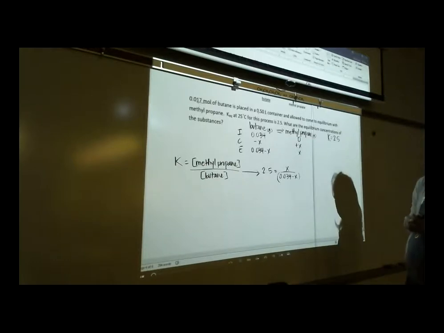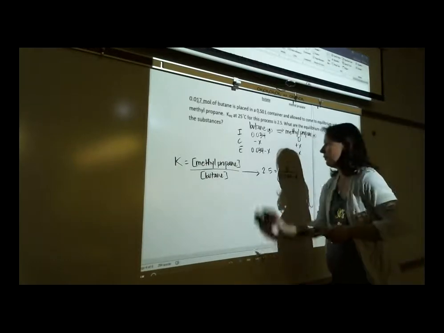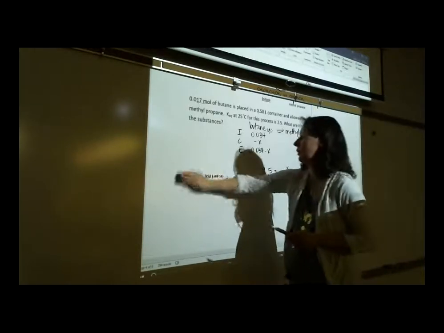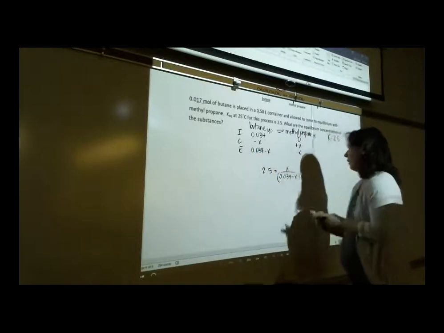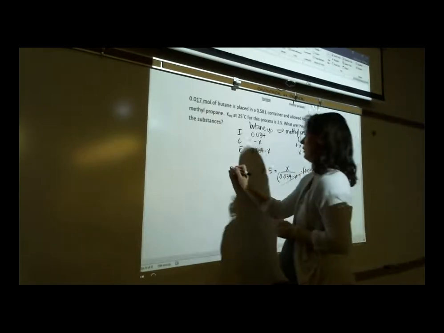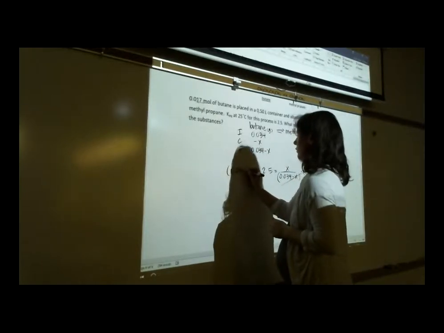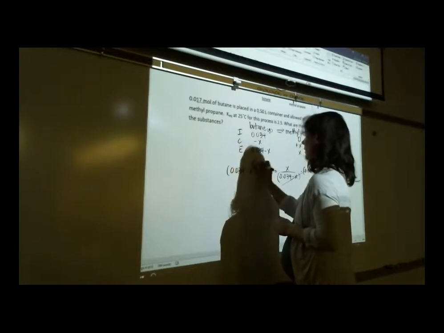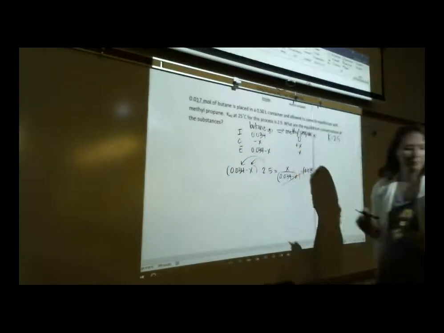Right? Just like in the previous problem, we have to get X by itself. Multiply by 0.034 minus X, and then distribute.